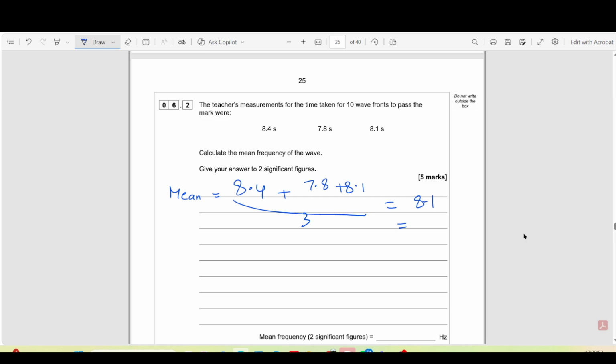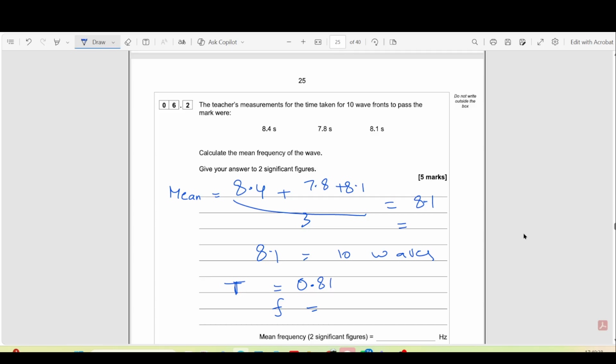So you do 8.1 divided by 10, which gives you 0.81. And then you want to find frequency. No wait, this is the time, not wave speed.